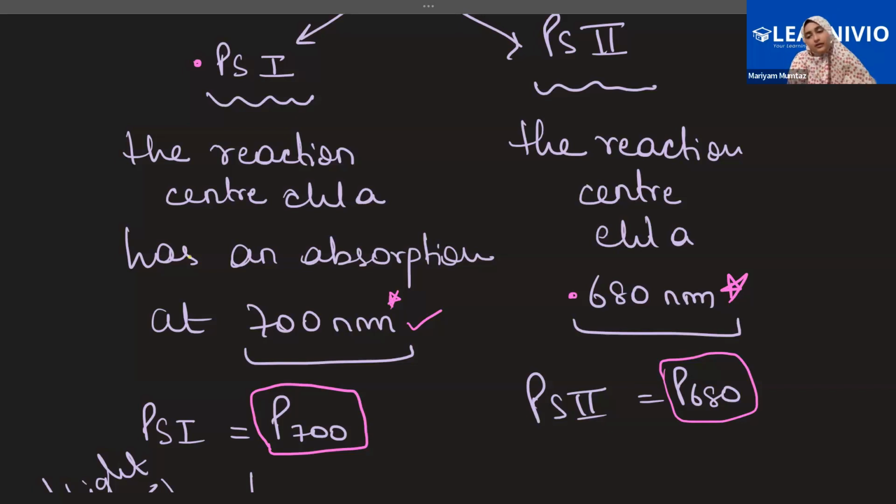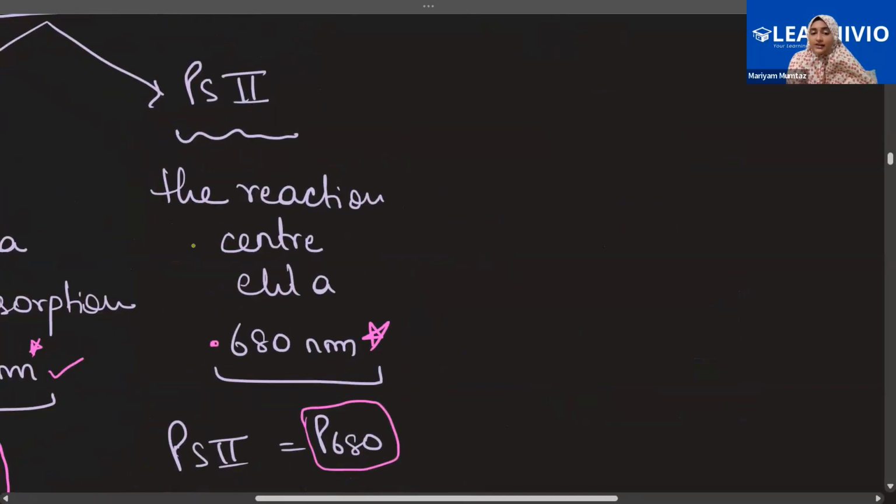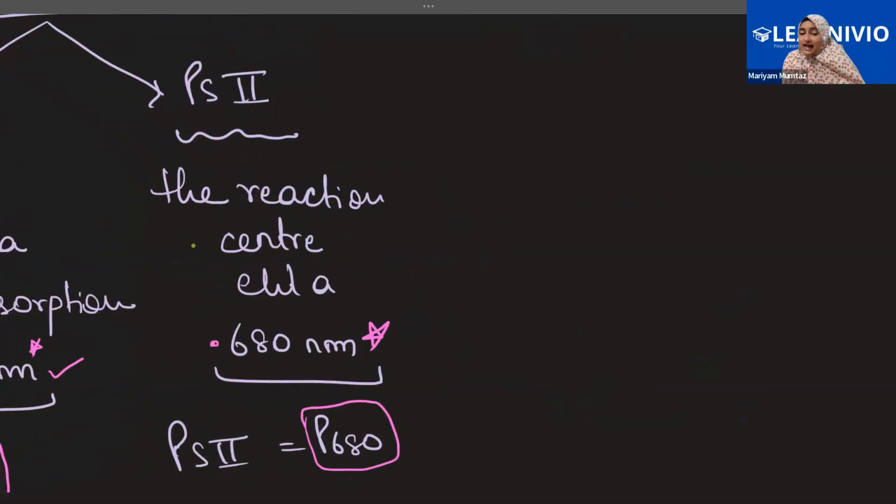Before this, it will not get activated. Talking about PS2, the reaction center has 680 nanometer. Meaning once the light is coming, if it is 680 nanometer, quickly PS2 will come into play, but PS1 will not. PS1 and PS2 is clear to you all?